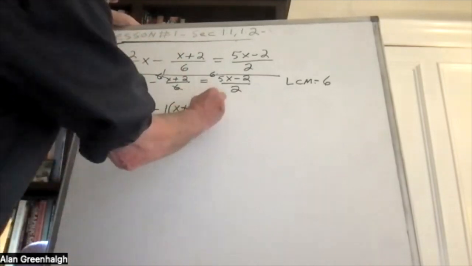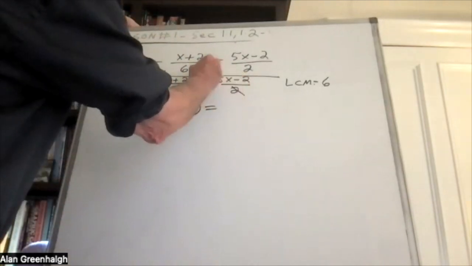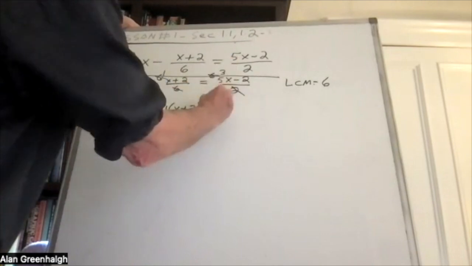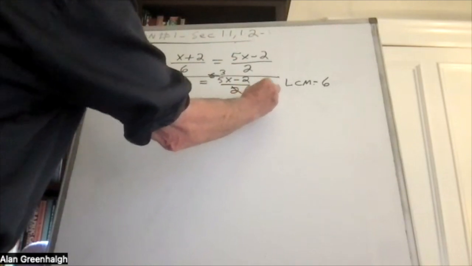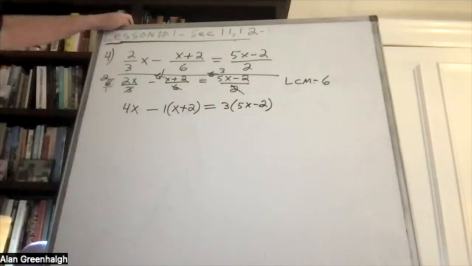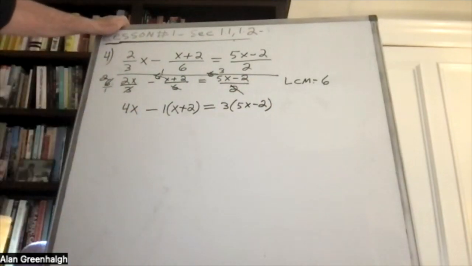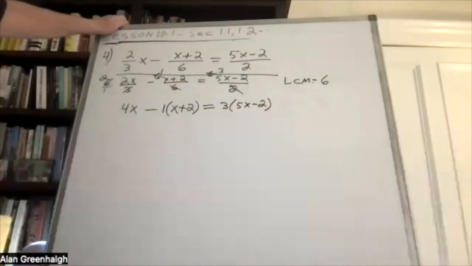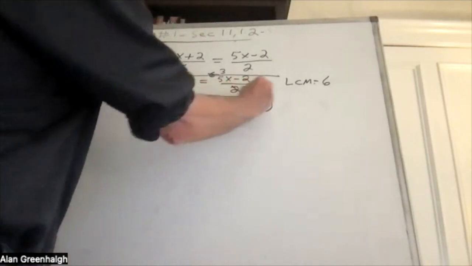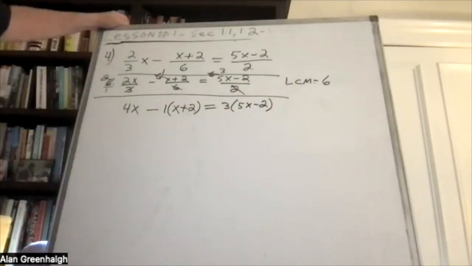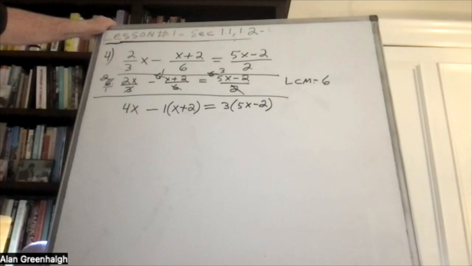And then equals 2 into 6 is 3, and that's going to be 3 times 5x minus 2. So that's where we are right now. I'm pausing for a moment to give people a chance to both copy and to let it sink in.